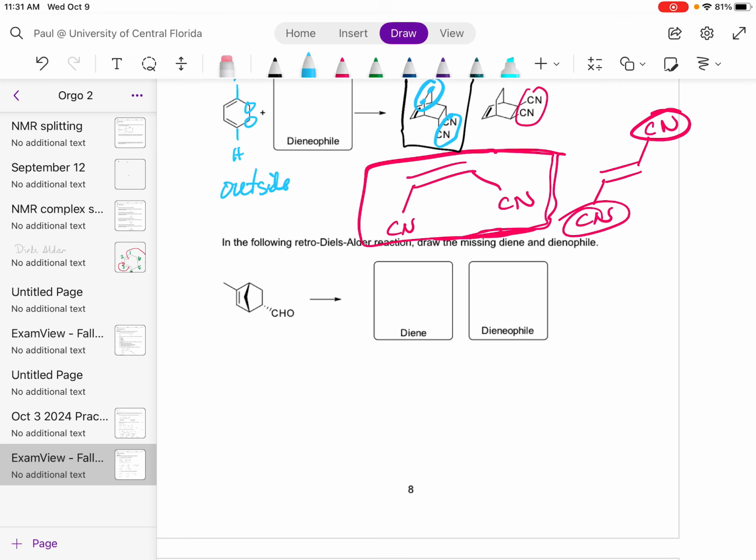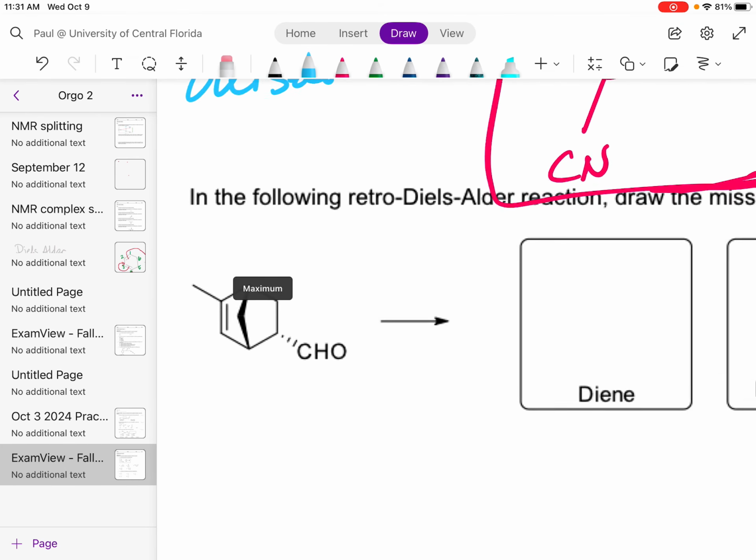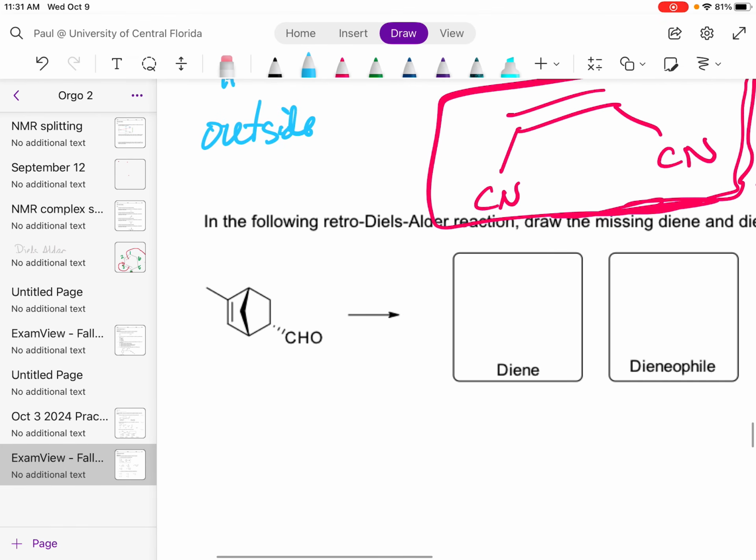If we take a look at this, it is a retro-Diels-Alder, which means we're just going to break the 6-membered ring into the 2 pieces that it originated from. And if we do that, all we have to do is the opposite mechanism that we did to form the original product. And so that would mean these pi electrons here would have to come back. This bond right here would have to break and go there.